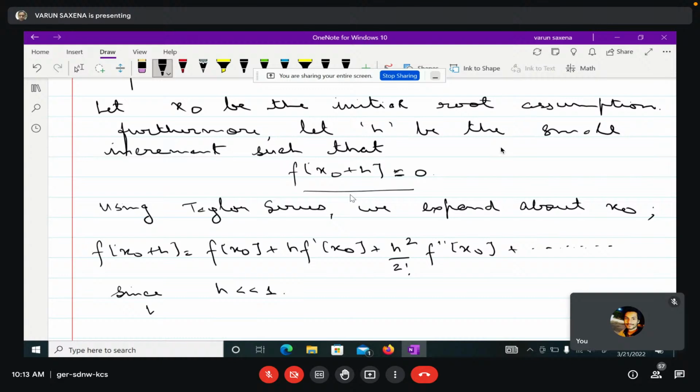So since h is much less than 1, h square and higher powers in h, the higher order terms, can be neglected.